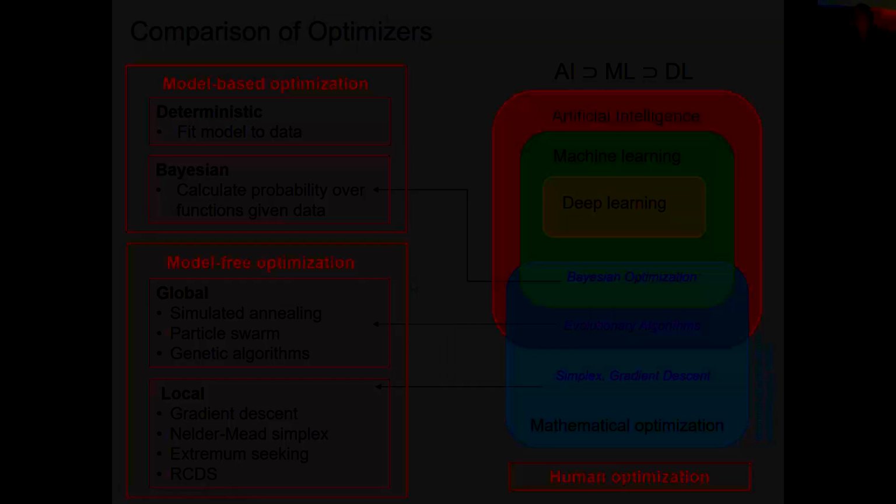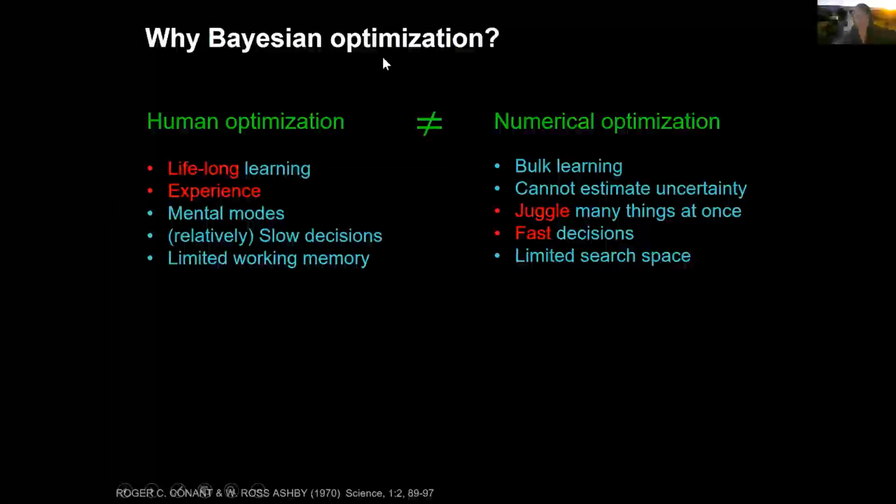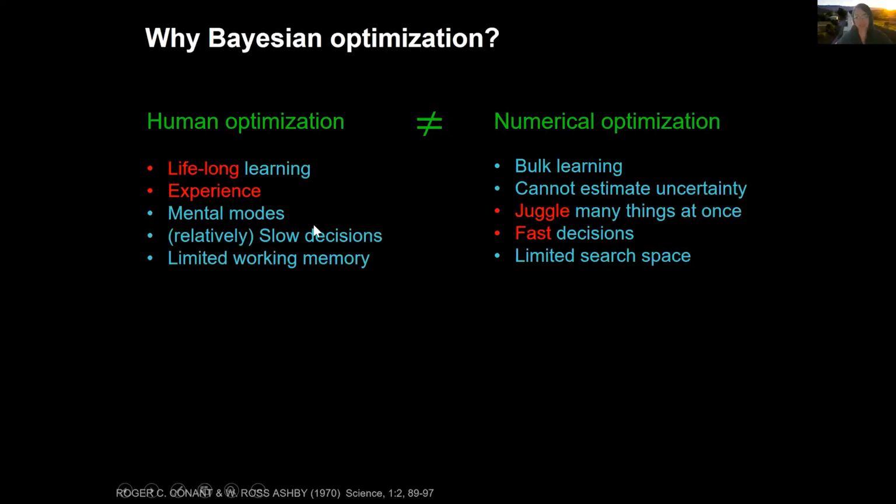So why did we choose Bayesian optimization? On the one side, we have human optimizers, where we are lifelong learners and we learn from experience, but sometimes we suffer from mental models and we make relatively slow decisions. On the other side, we have numerical optimizers, which usually learn with bulks of data and often cannot estimate uncertainties, but they can juggle many things at once and make fast decisions.